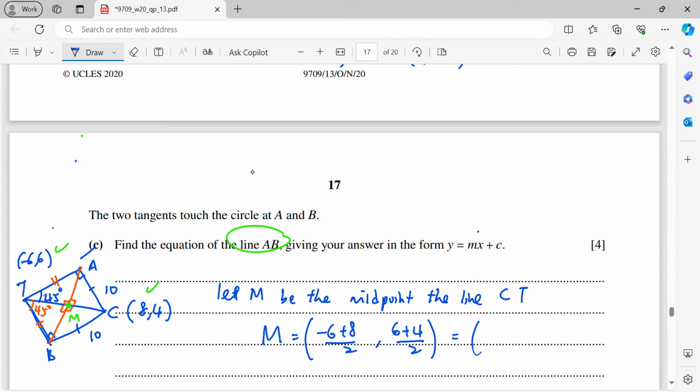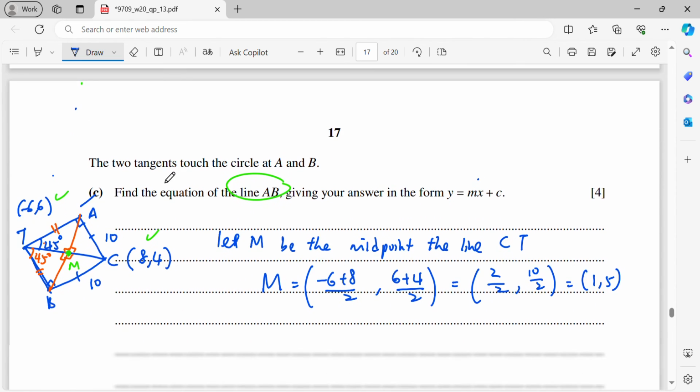Then from here, you will get 2 over 2, and the other one is 10 over 2. Then at last, I get 1, 5. Right, now I find the gradient of CT.